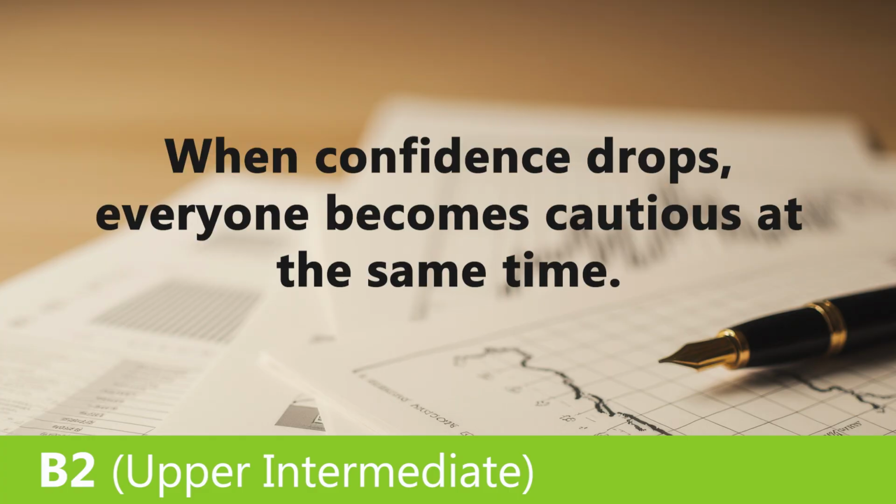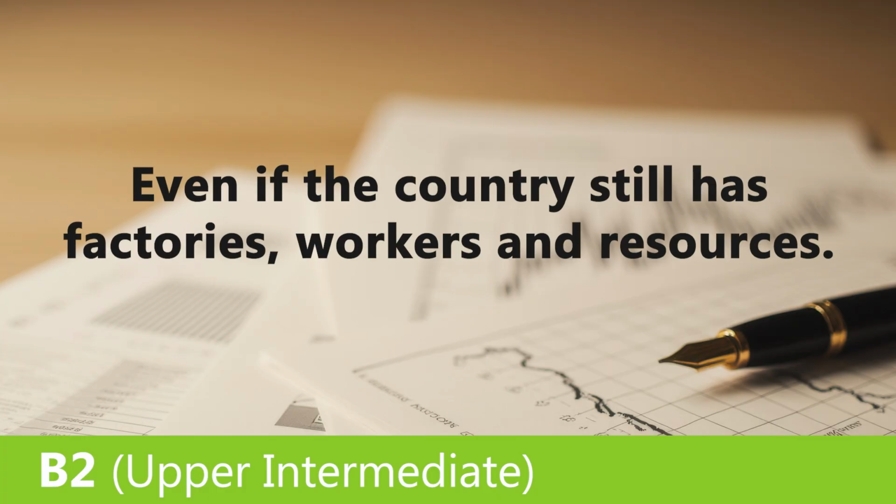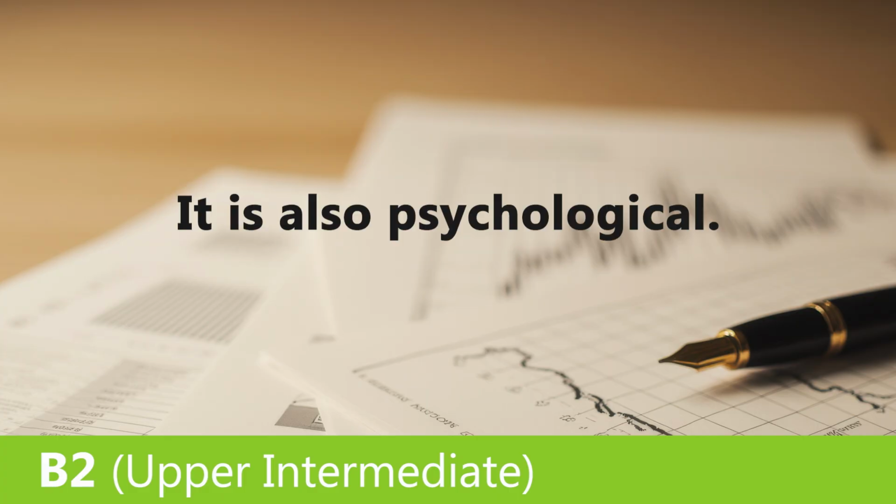When confidence drops, everyone becomes cautious at the same time. And when everyone becomes cautious, the economy slows, even if the country still has factories, workers, and resources. In other words, the economy is not only physical, it is also psychological.